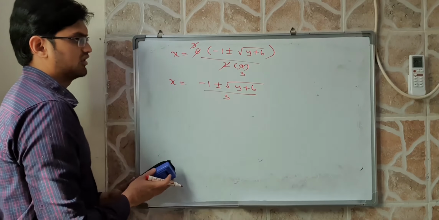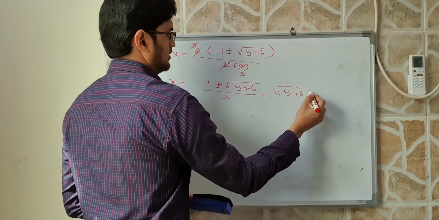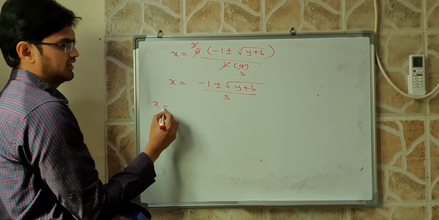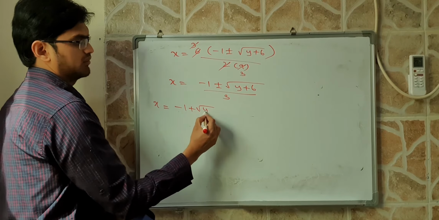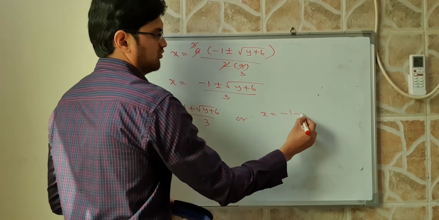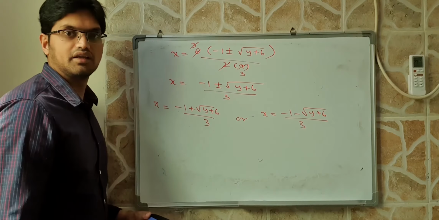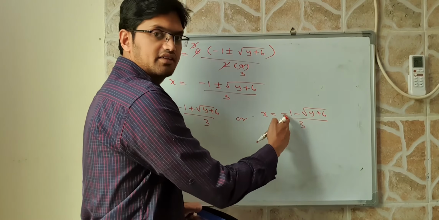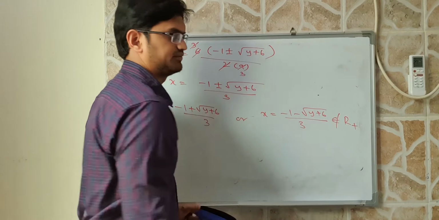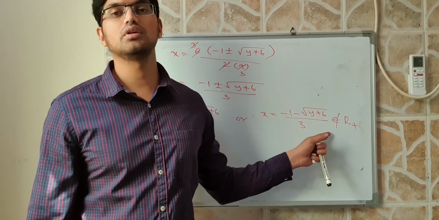Again, if you split this, let us write that. It is equal to minus 1 plus root of y plus 6, by 3, or minus 1 minus root of y plus 6, by 3. See, this is minus and this is also minus. This cannot belong to R plus, because in R plus we have all positive numbers.